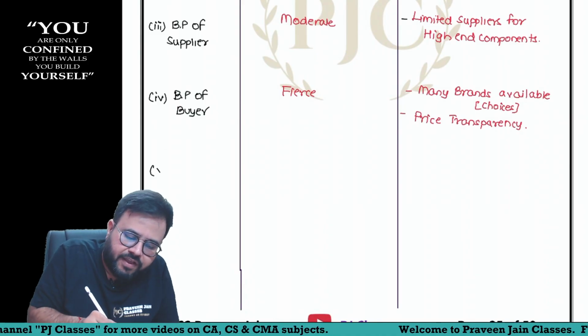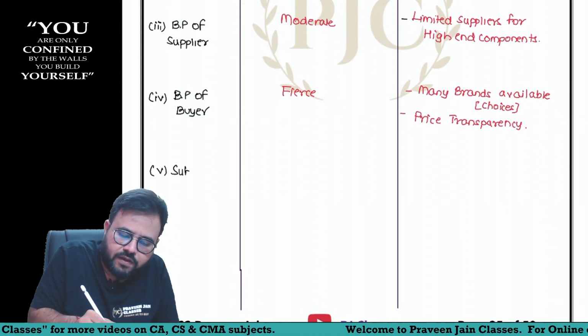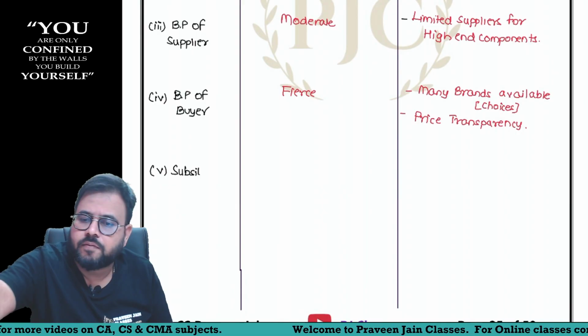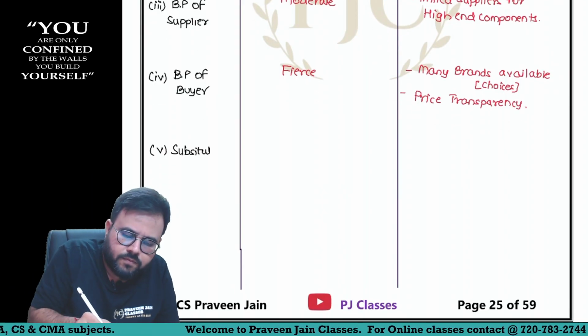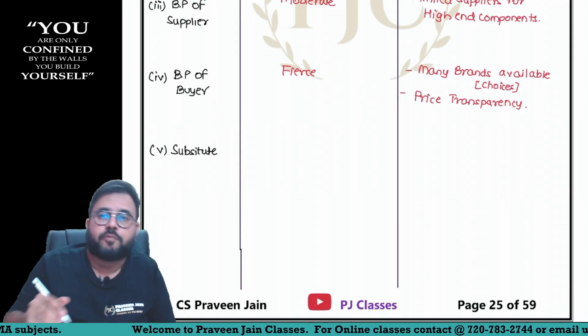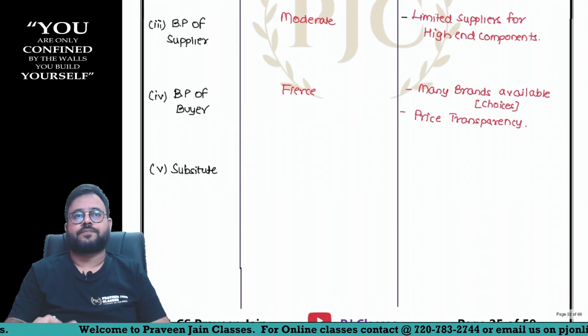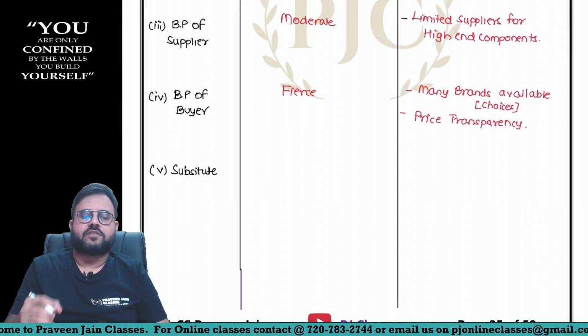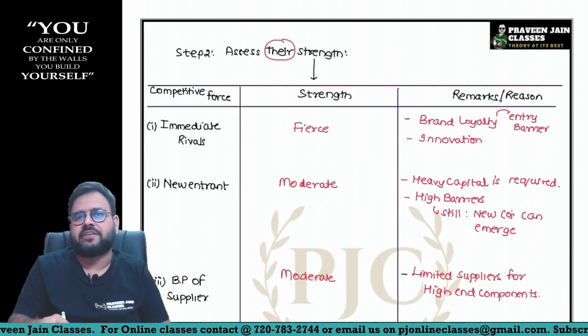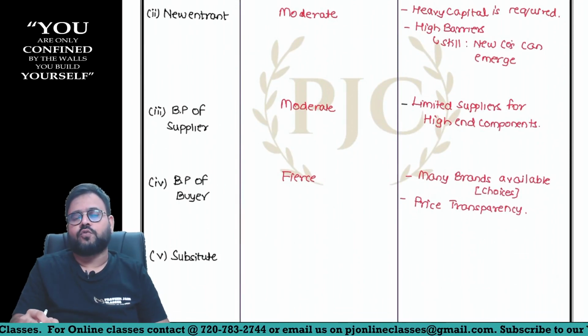Step number 5. What is the fifth point, sir? Substitute, sir. Now tell me, sir, what about this point? Substitute. Bolo, Raja. Do you think, with substitute products, are you getting any competition, sir? I don't think so. I told you, no, sir.